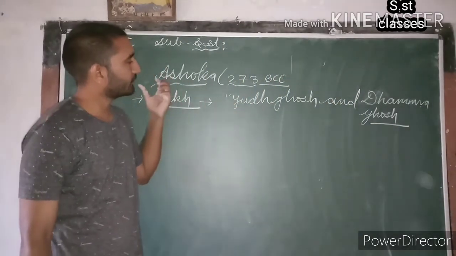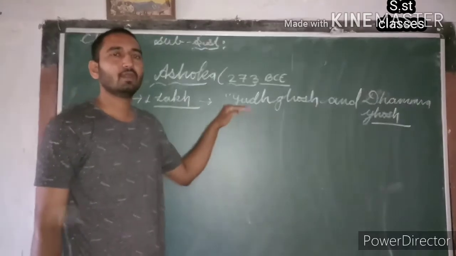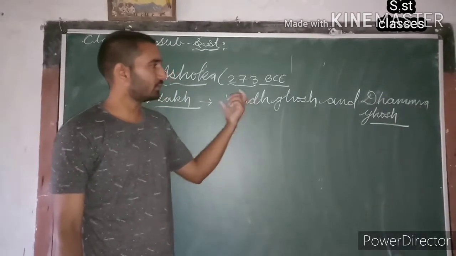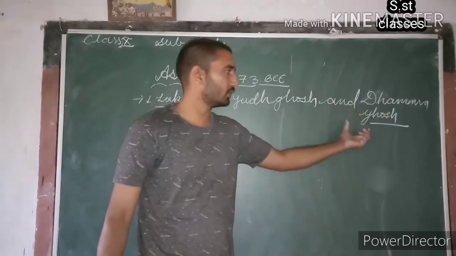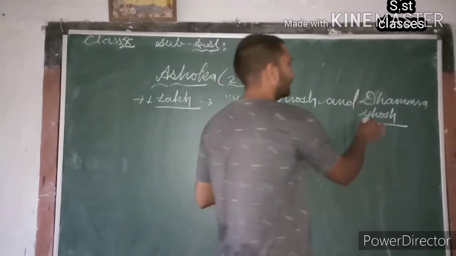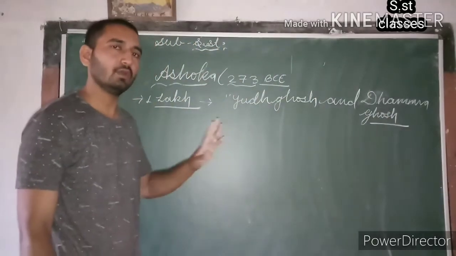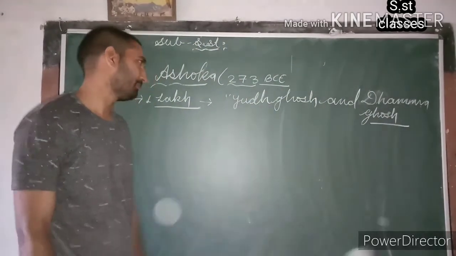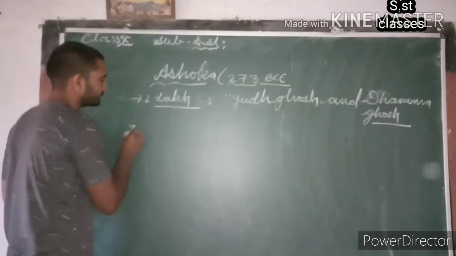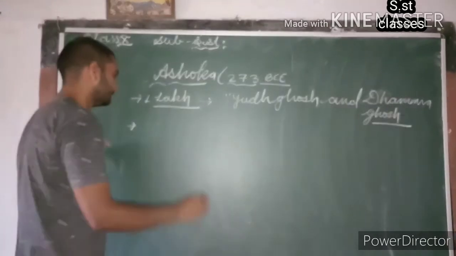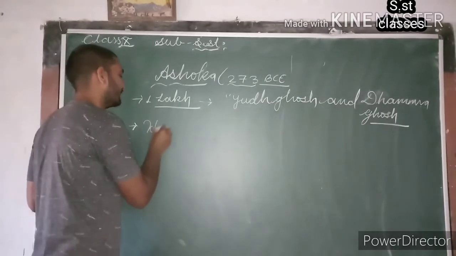Actually, he decided not to go to war, or we can say that he left Yudh Ghosh or Bheri Ghosh and adopted Dham Ghosh in the place of Yudh Ghosh or Bheri Ghosh. Is that clear? Okay. After that, about this war, we find information from the Hathigumpha Rock Edict.